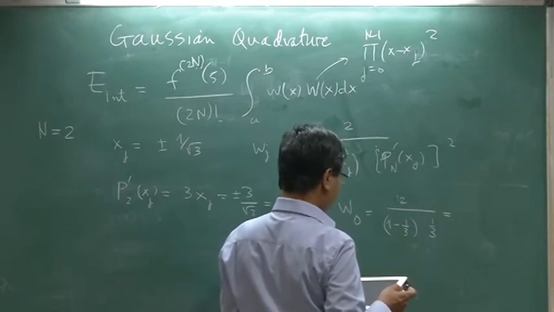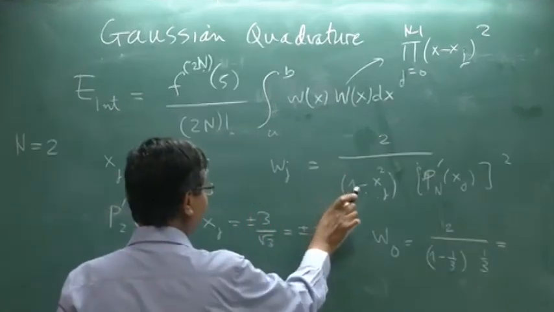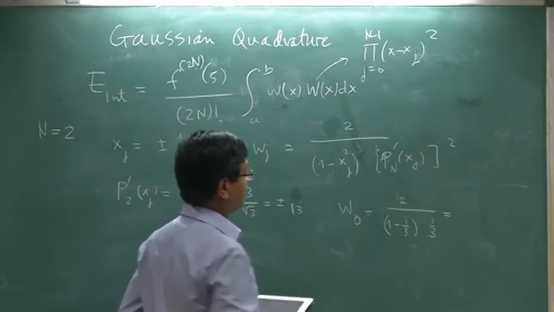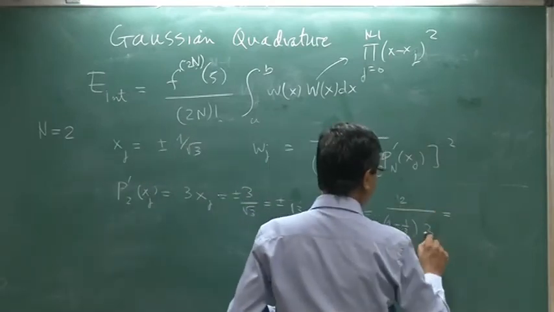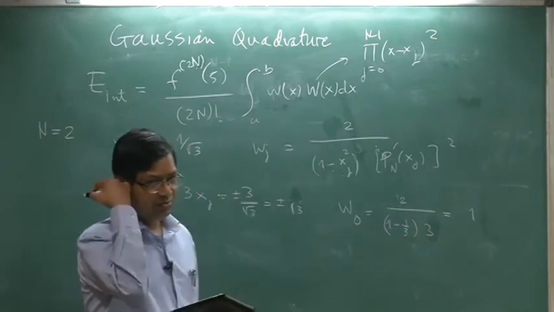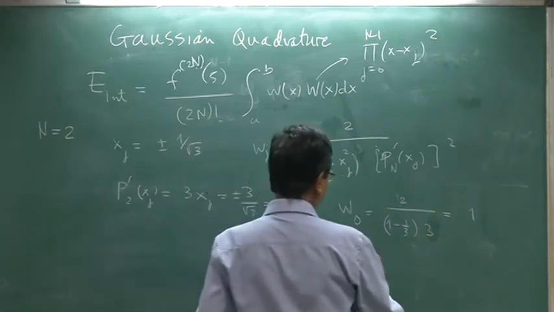I am making a mistake, I think. This is root 3 above, okay, 3 by root 3, so this is above, so this is 3, so this becomes 1. So both, in fact w1 is also 1, you can just check.